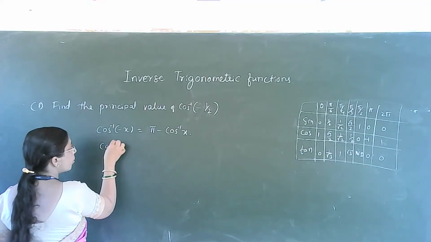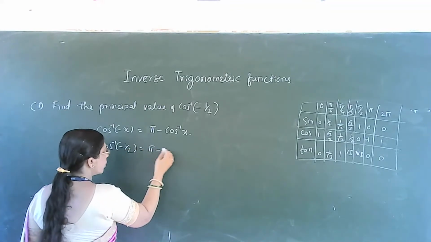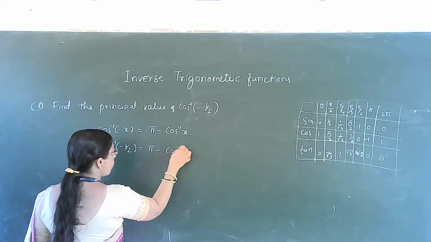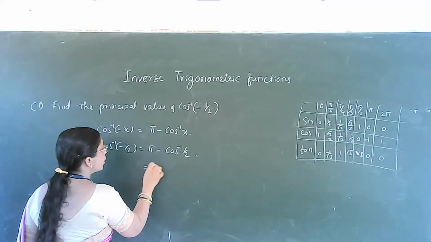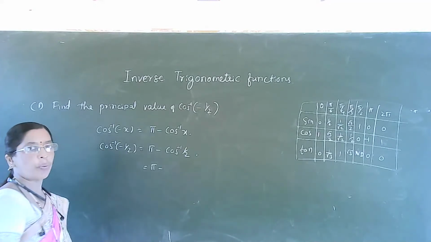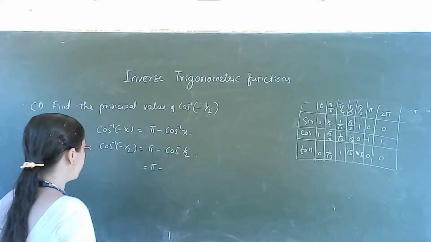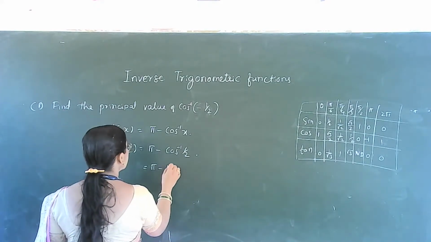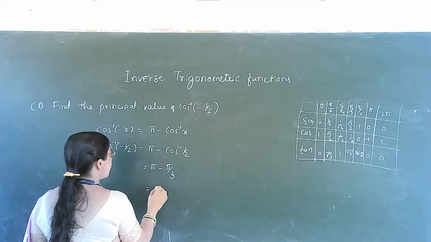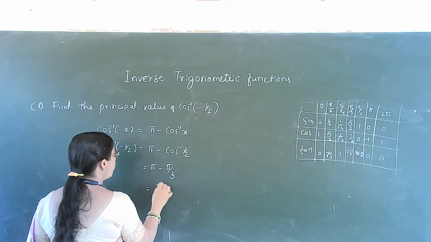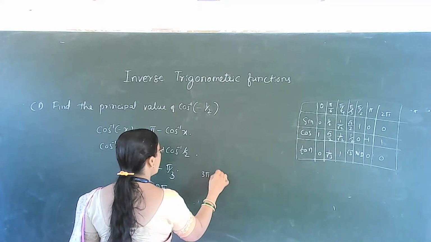Therefore, cos inverse of minus 1 by 2 is equal to π minus cos inverse of 1 by 2, which is π minus π by 3. Therefore, 3π minus π is equal to 2π by 3.